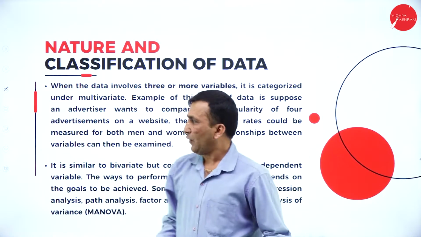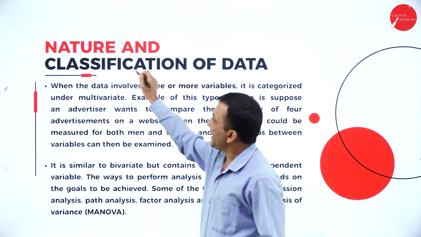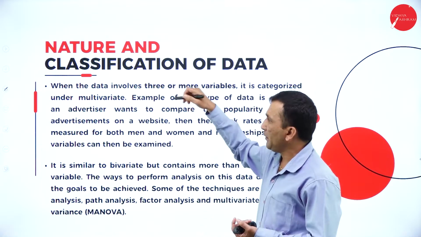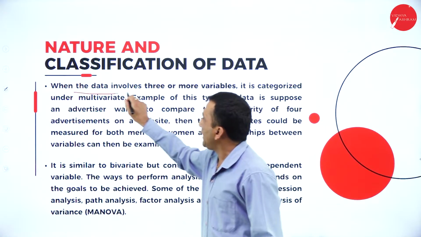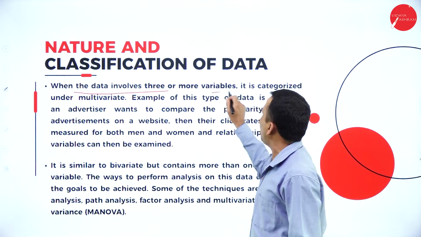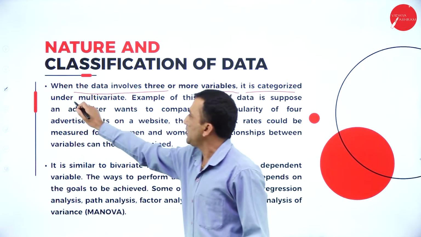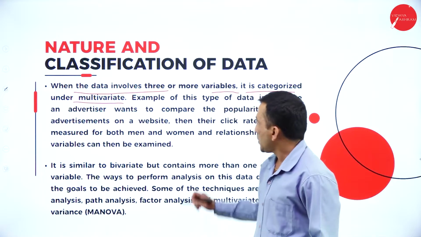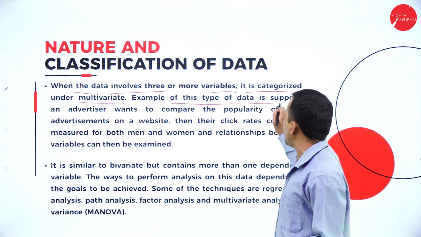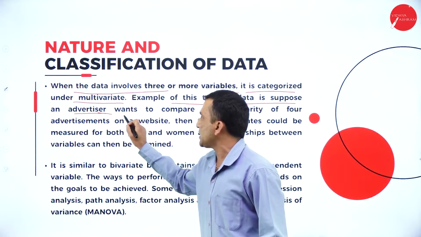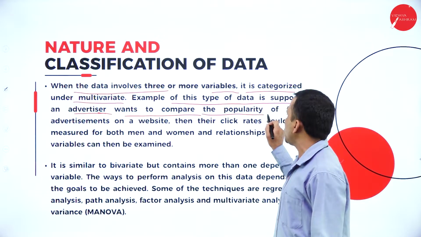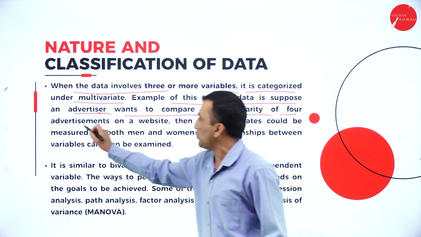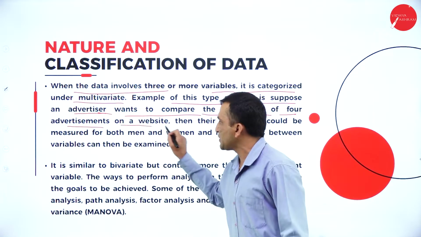Okay, moving forward, classification of data in the multivariate. So when the data involves three or more variables, it is categorized under multivariate. Now we got a clear idea. An example of this type of data is, suppose an advertiser wants to compare the popularity of four advertisements on a website.